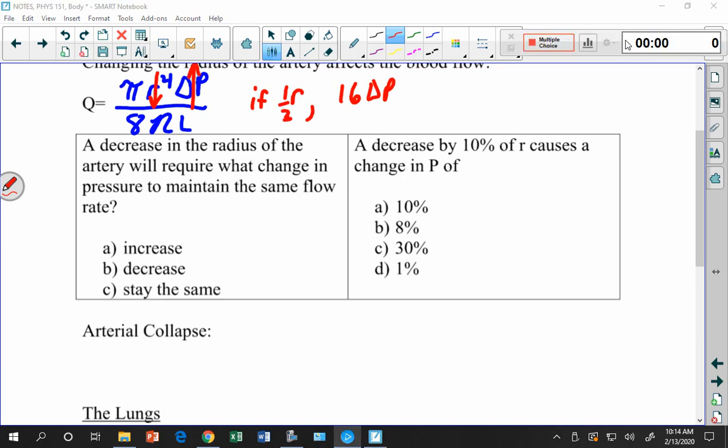Let's try this one on the left. All right, let's stop at 35.